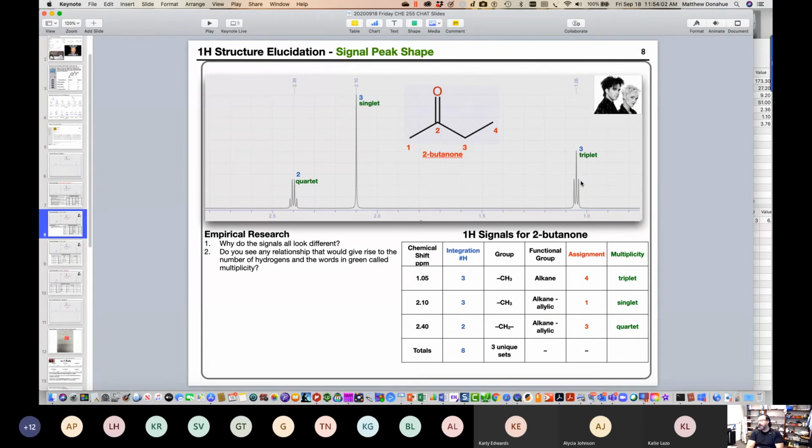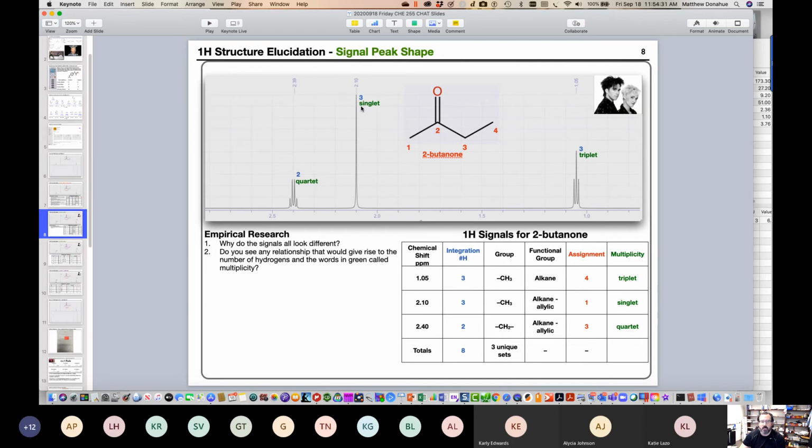And so perhaps the easiest way to understand it first is looking at this peak assignment of 1. Again, that number in red is the number assignment for nomenclature. That's just the position on the carbon chain. So we said this integrates to 3. That's where the blue number comes from.